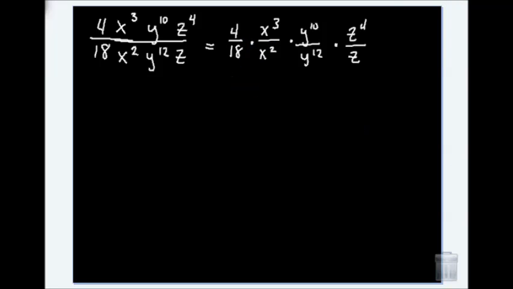Okay, so if I'm reducing 4 over 18, they both divide by 2. So I'm going to get 2 over 9. Here I'm subtracting 3 minus 2, but that 3 is bigger, so I'm going to get x on top.